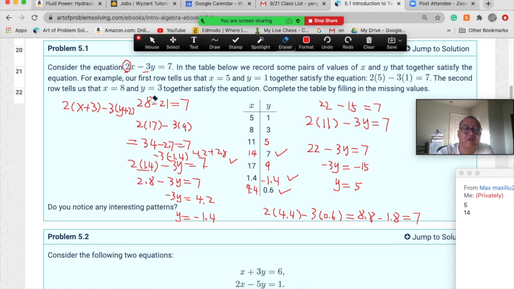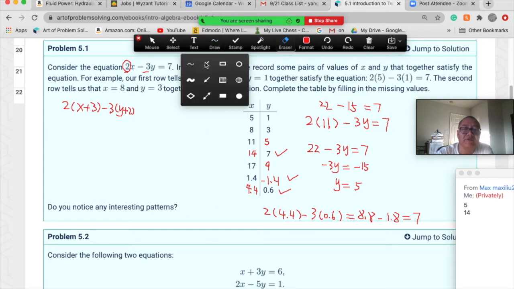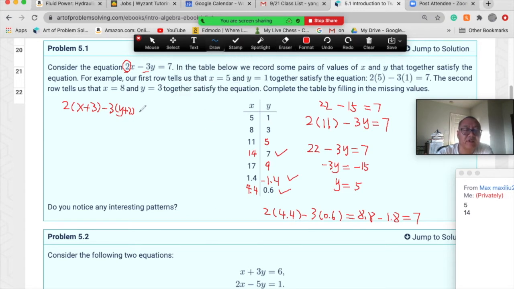Okay, and let me take this away. You can say this one is always equivalent to, because if you expand it, you get 2x minus 3y, because plus 6, then minus 6, it cancels out.